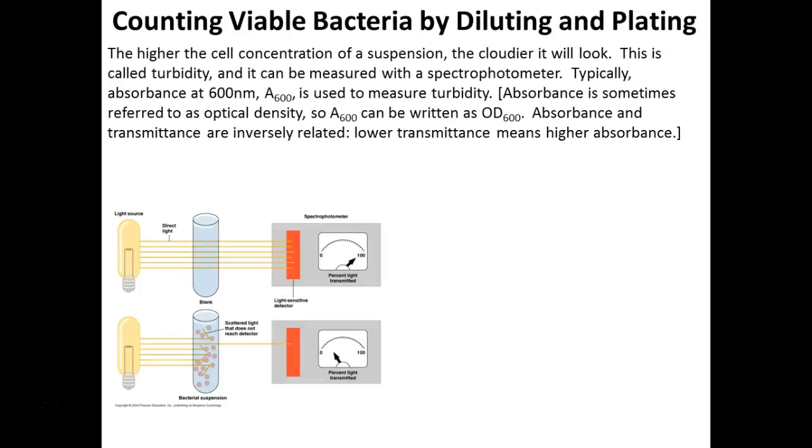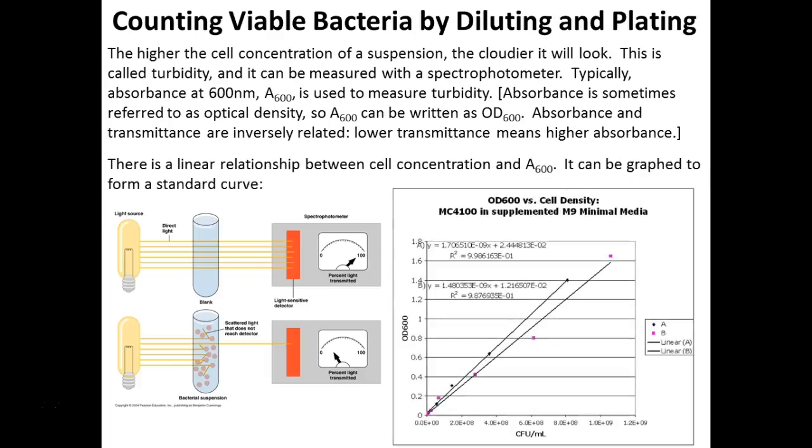Another thing you can use, and if I had time today I would have read on the spectrophotometer the density of the culture that we started with. But I did not take the time to do that.